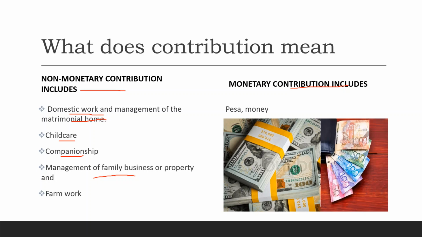Or you could have been involved in farm work. So these examples amount to non-monetary contribution. Now, monetary contribution means that you directly got money and contributed to acquiring that matrimonial property.